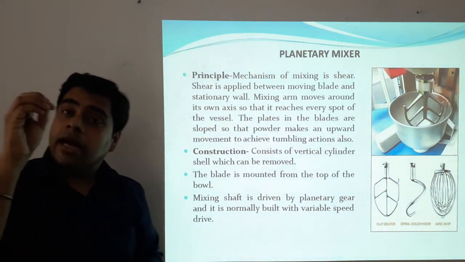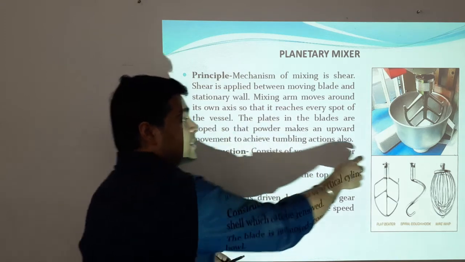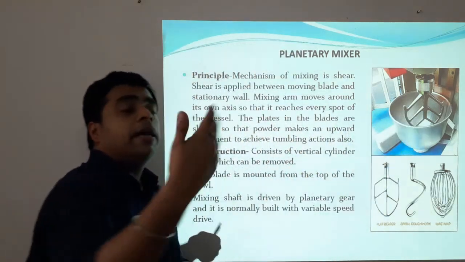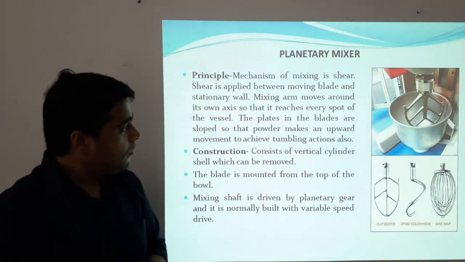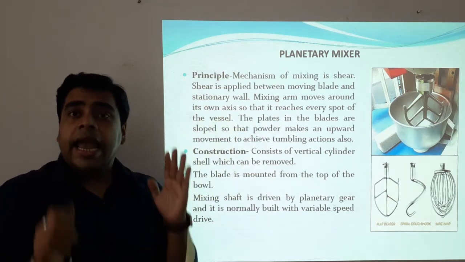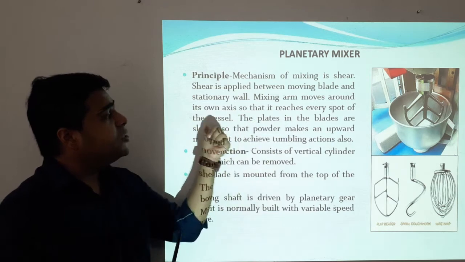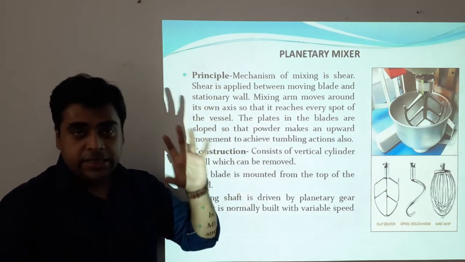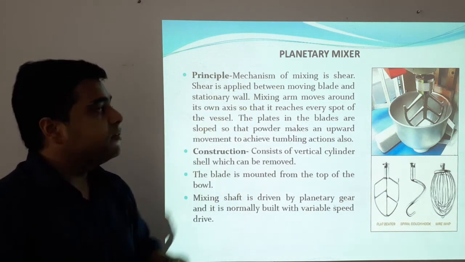So if there are particles on the side walls, they will also be mixed properly. The mixing arm moves around its own axis and reaches every spot of the vessel. This is the beauty of this particular mixer.